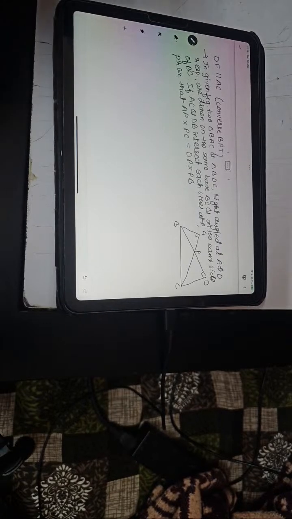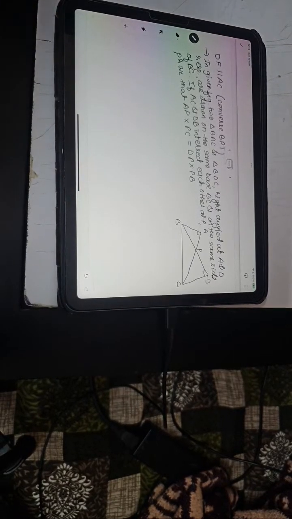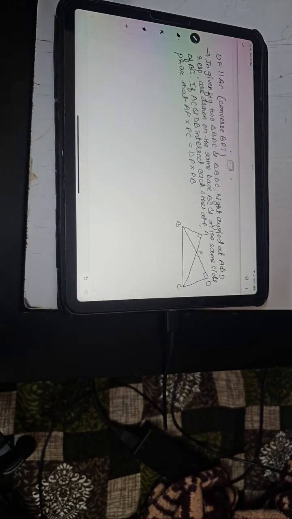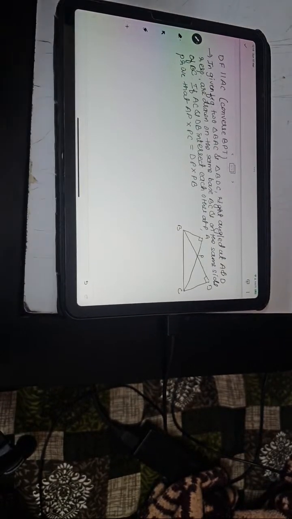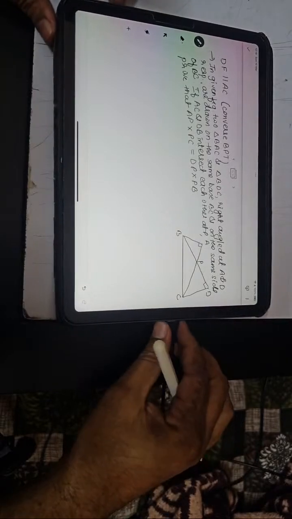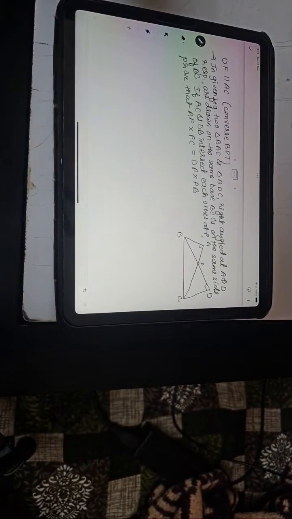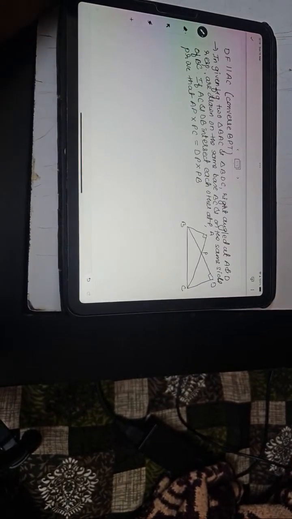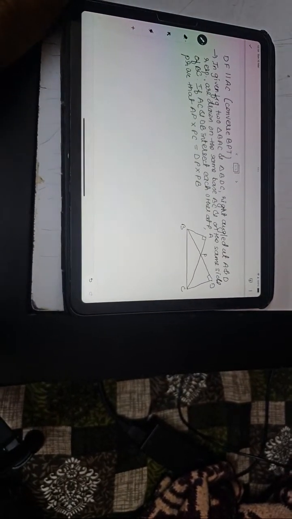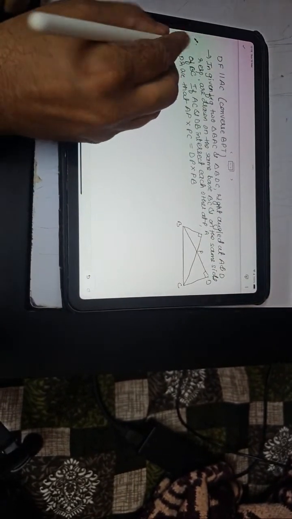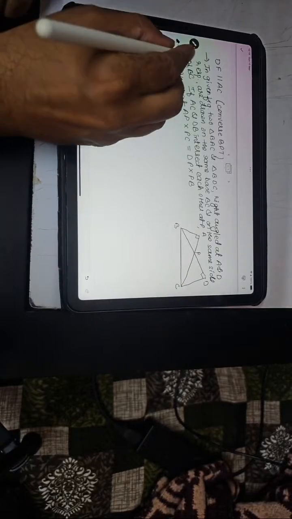Now, I think this is also a textbook sum. So here if I want to prove this one, I can do it in an easy and short way.